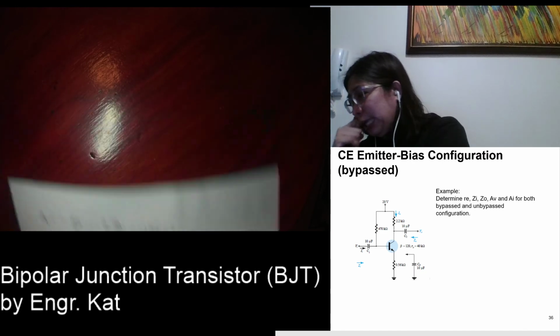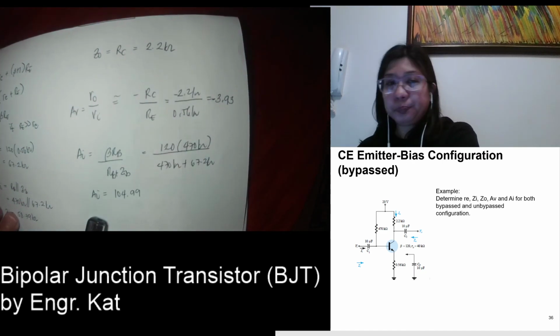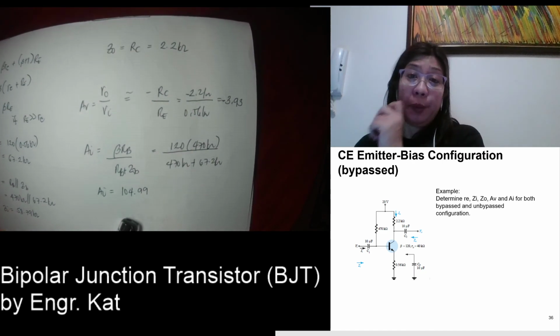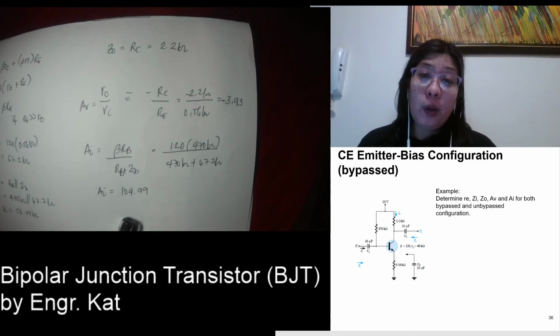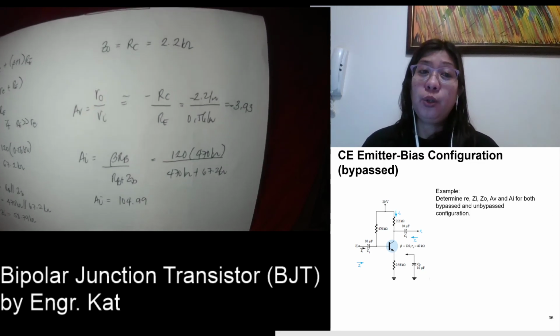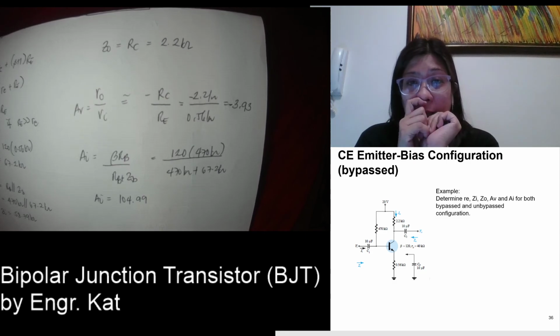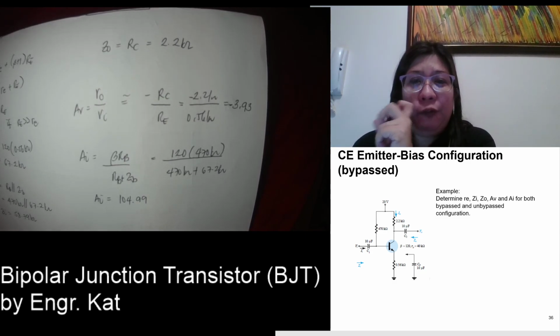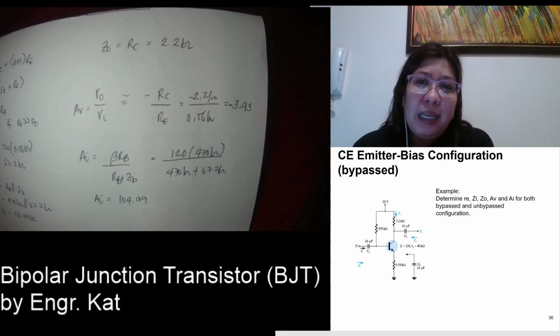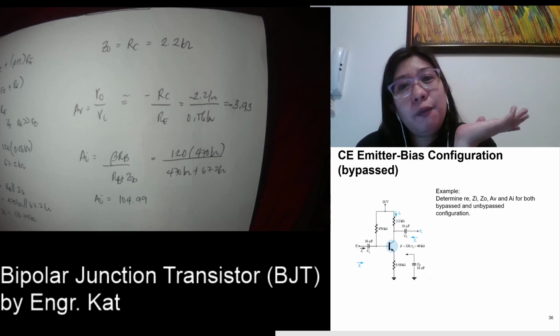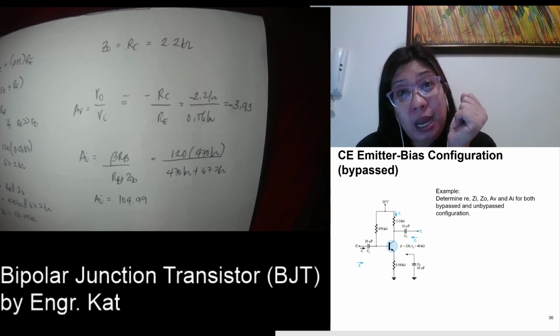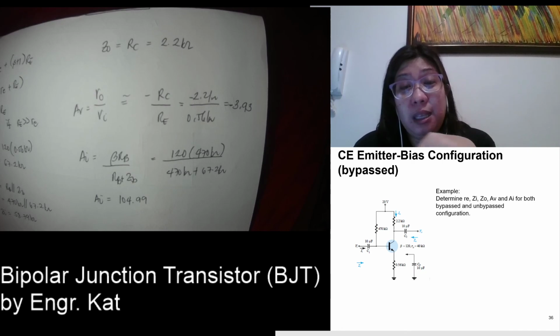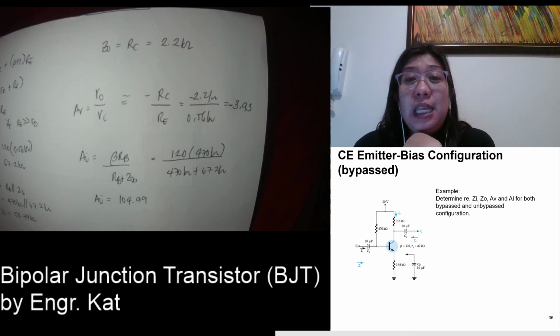Okay, and finally, we have your current gain, which is 104.99 compared to 120. So it also lowers down your current gain. So from the example, we can see the effect of bypassed and unbypassed capacitor. Okay, so your RE is helpful in the DC analysis while it lowers down the gain in the AC analysis.